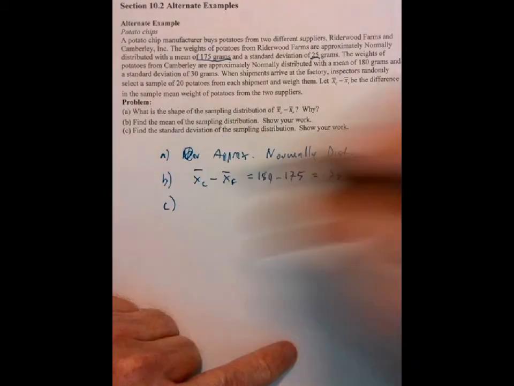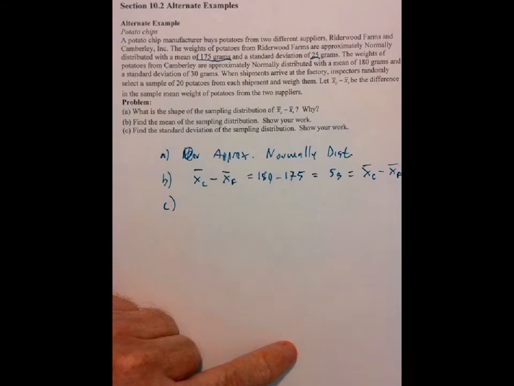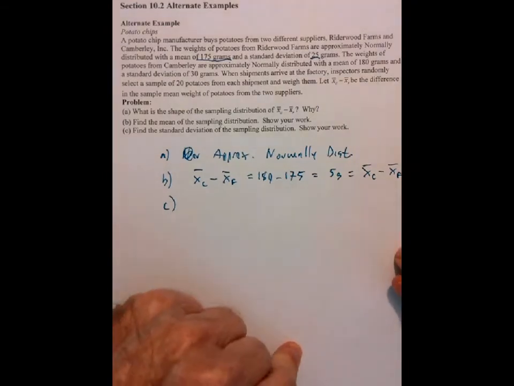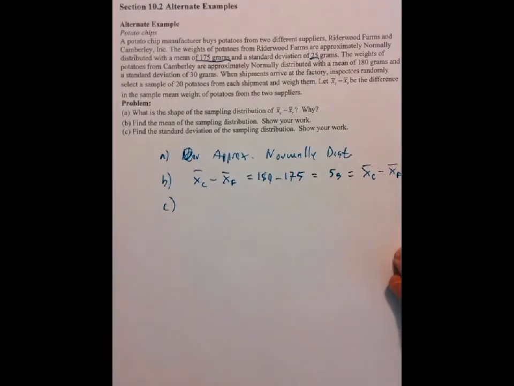C, what is the standard deviation? Well, since we happen to know that the two populations are normally distributed, we're free to go ahead and use that sampling distribution formula that we did before.